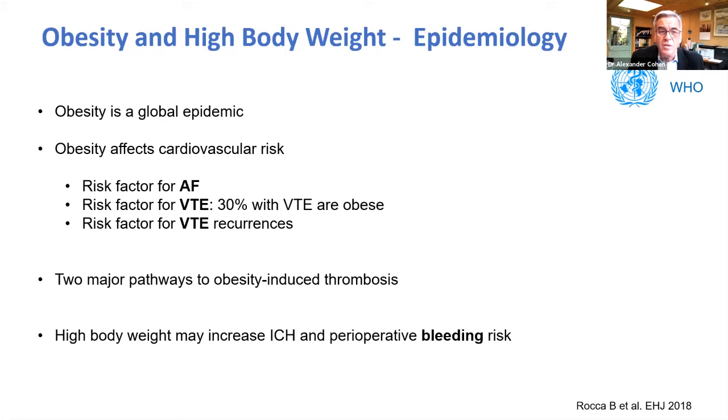And we also know that obesity is a risk factor for recurrences. And there's a couple of major pathways to obesity-induced thrombosis, which I'll go through. But we also have to remember there's some evidence that high body weight may increase intracerebral hemorrhage risk and perioperative bleeding risk.